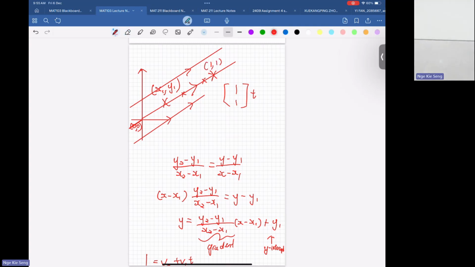Maybe this line is 1 times t, and then the other line maybe is 2, and this one is 0.5, 0.5. If you're going to make the equation for line 1, line 1 here should contain 1 here. If it contains 1, then basically you are done.